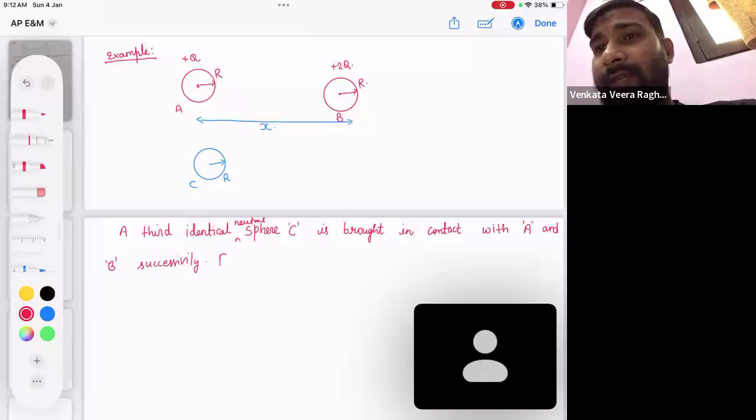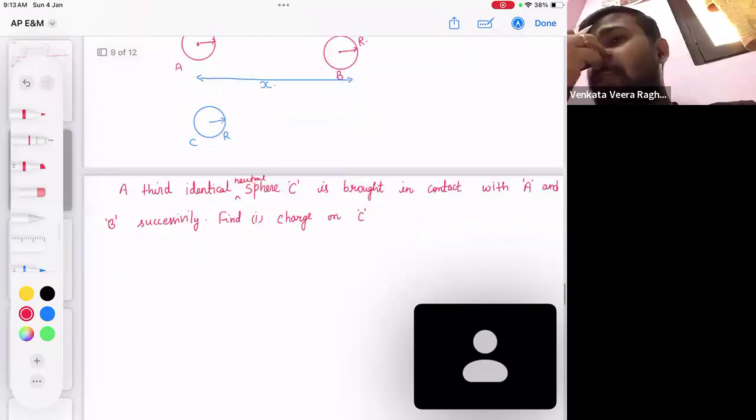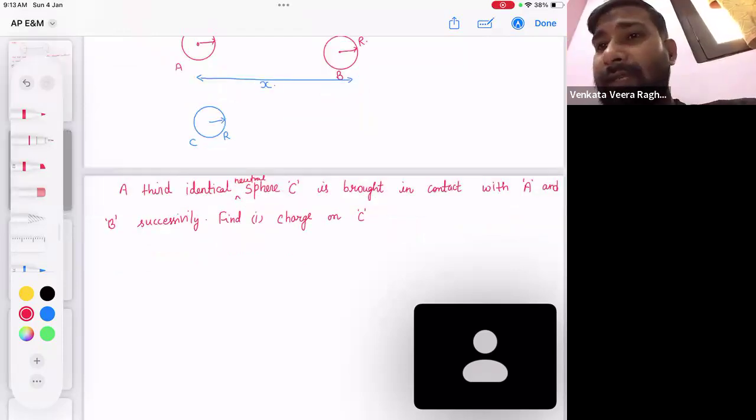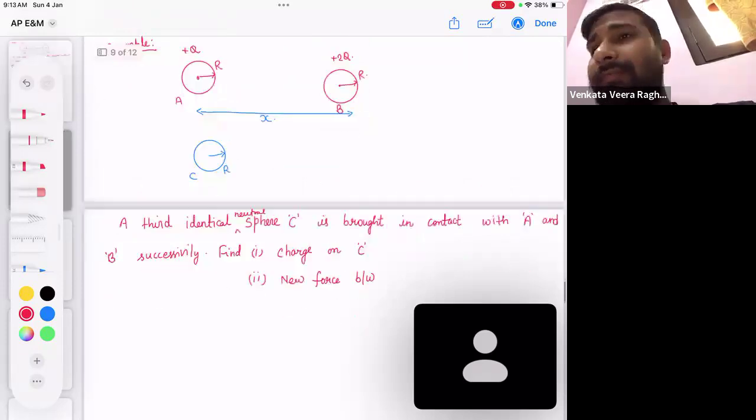You have to find out two things. First, the charge on the sphere C after both the contacts have been done. And the second thing, the new force between A and B.